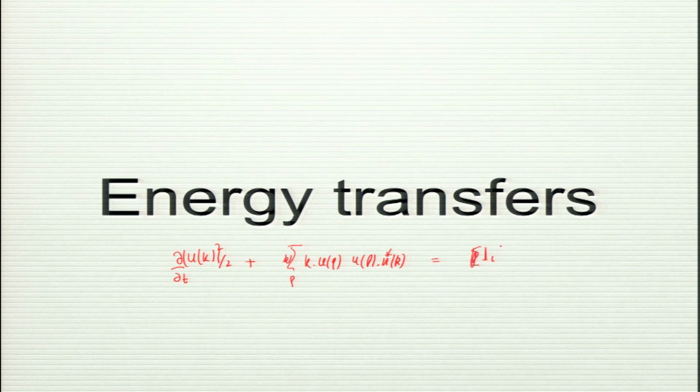Grad p gives you 0, because pressure is in the k direction and I am taking the dot with uk, so it is 0. You get only the term for b dot grad b, which is i k dot bq, bp, dotted with uk star, summed over p's, q is k minus p. I drop the viscous term, and this is the equation for energy.